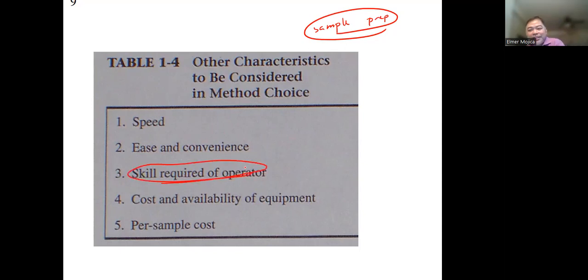Marunong ba kayo mag-weigh? Have you weighed a certain chemical already sa setup ninyo sa UPLB? Yes po. Oh, meron. Well, that's good. Okay.